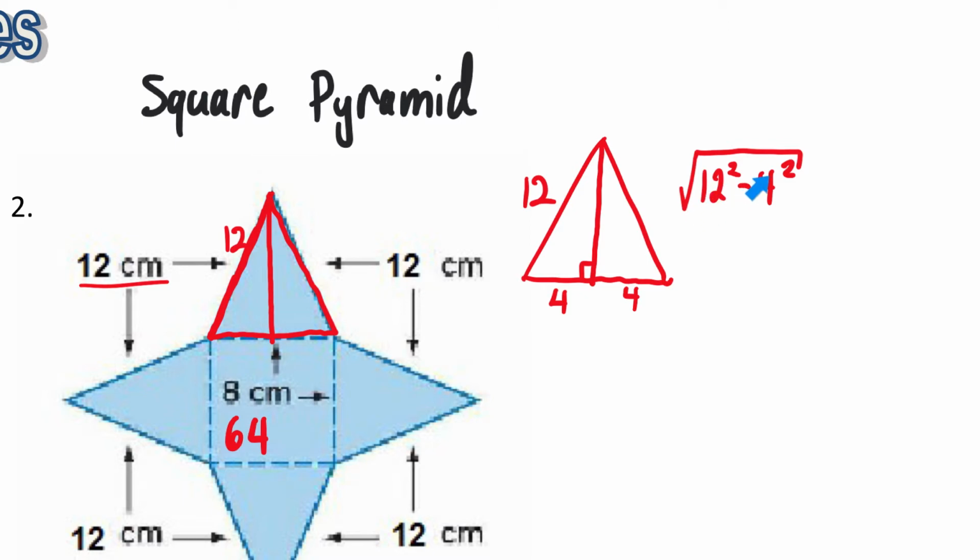So I'm just going to type it in just like that. 12 squared minus 4 squared, square rooted. What does that give you? Is what? Yep.